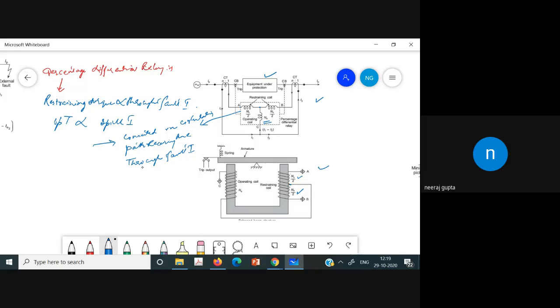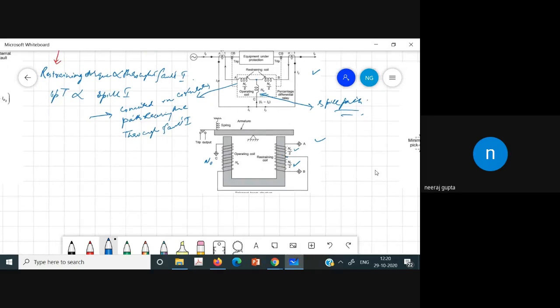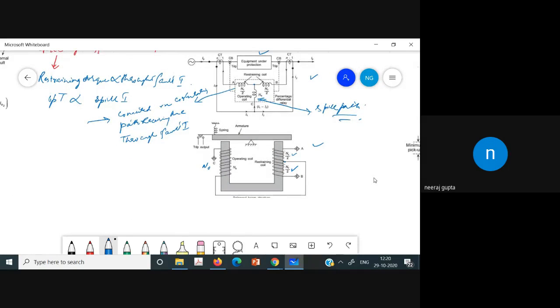So this operating coil has n naught number of turns and is connected in the spill path. Now from that, we will develop a torque equation.